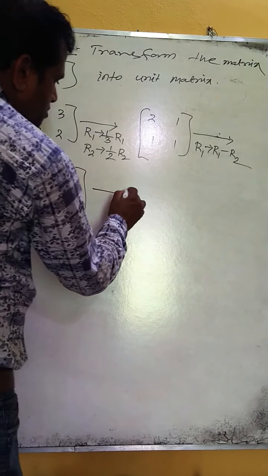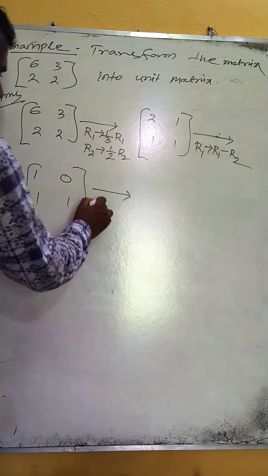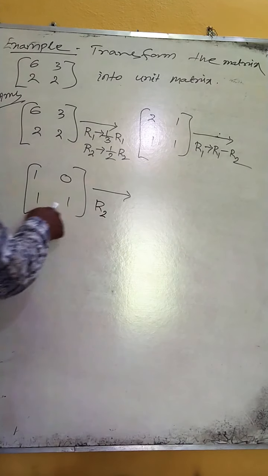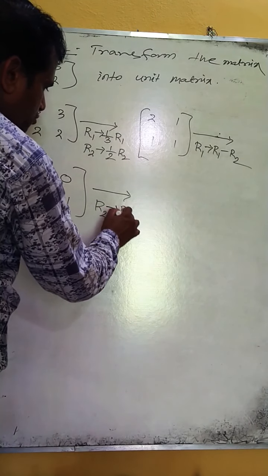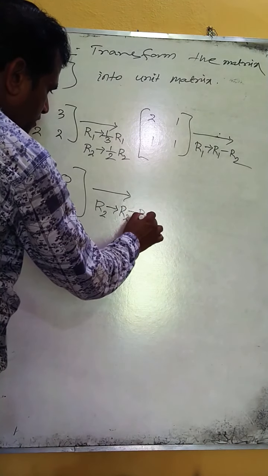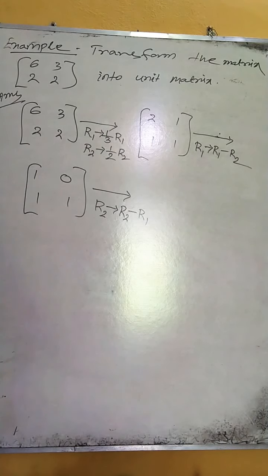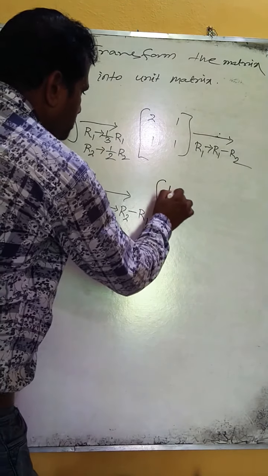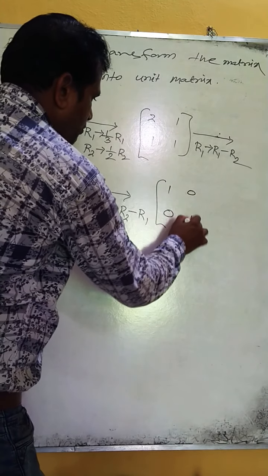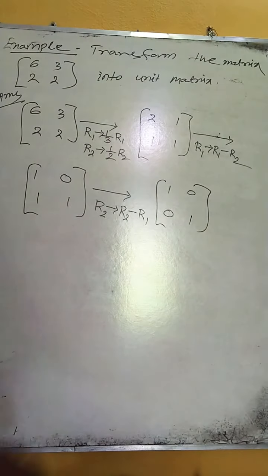Next, we transform the second row: R2 becomes R2 minus R1. So we get [1 0; 0 1], which is an identity matrix or unit matrix.